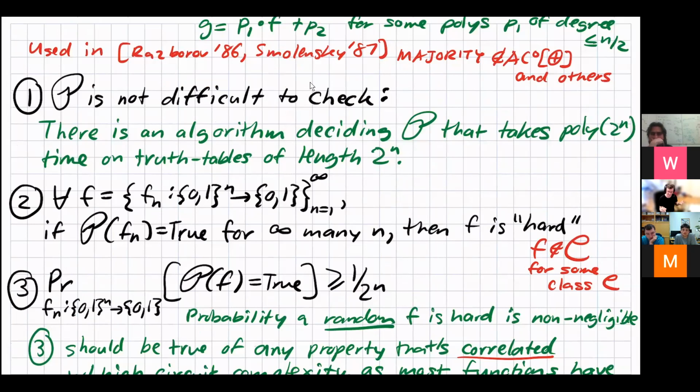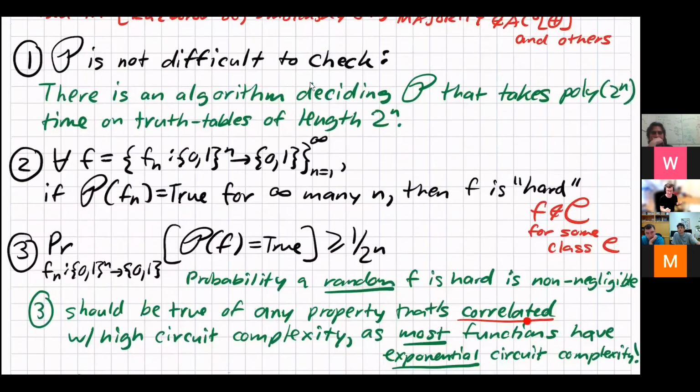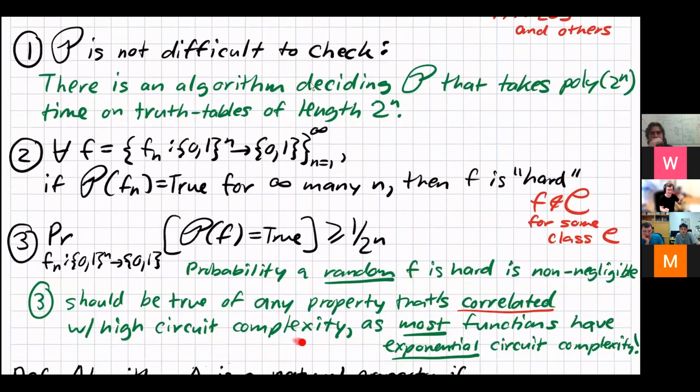And this is something we would expect from any property that's correlated with high circuit complexity, as most functions have, say, exponential circuit complexity. For essentially any interesting model you have a circuit complexity where a gate is not doing too much work or a step is not doing too much work, because the functions take 2^n bits to describe, most functions are going to need exponentially many gates or operations to compute them.